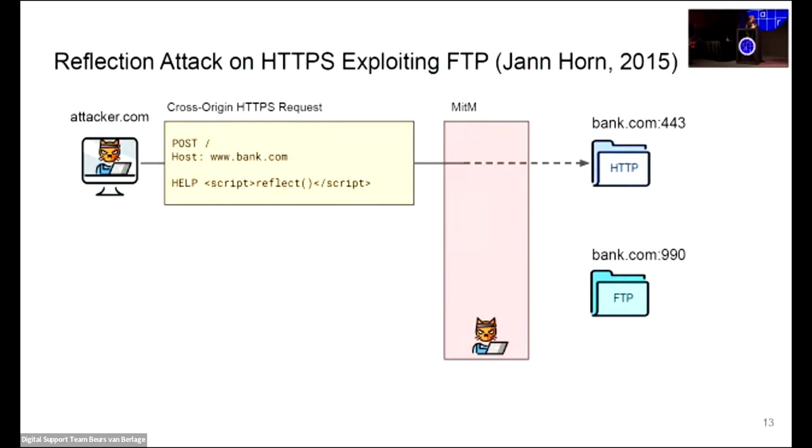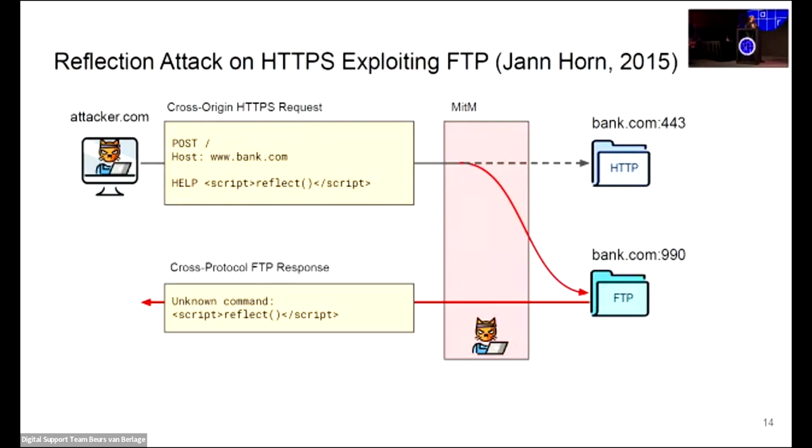First, the attacker lures the victim onto its own website, and then causes the browser to create a so-called cross-origin HTTP request. This does go to a different server than the attacker server, in this example, bank.com. And in this request, the attacker can put an FTP command.